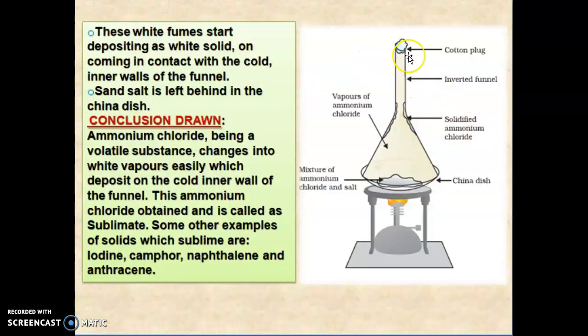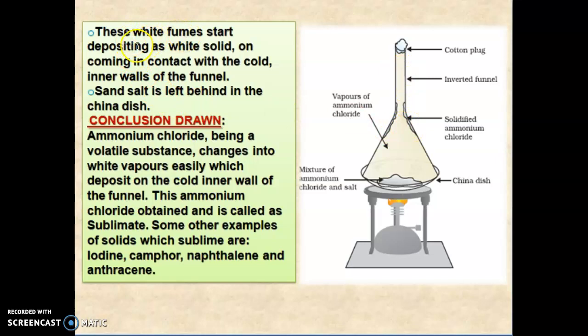Now heat this one. This is a cotton plug, so we fit it in the opening of the funnel so that the vapor will not come out from this funnel. Now when we heat this one, you can see the vapor of ammonium chloride coming out, and what happens after cooling is that it will be deposited on the wall of the funnel.